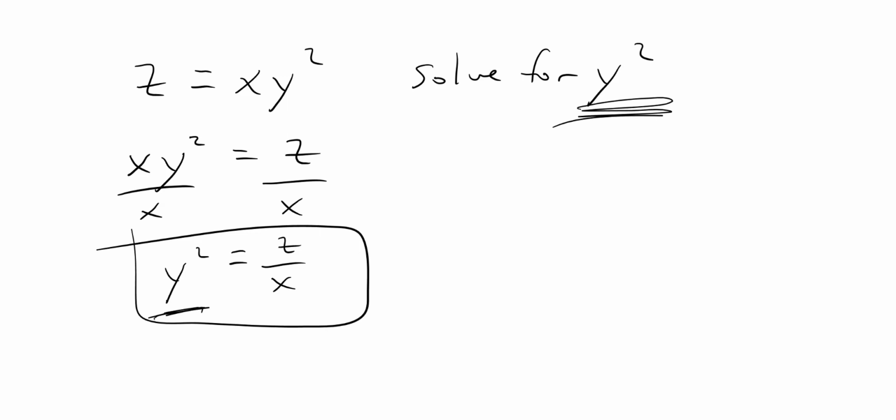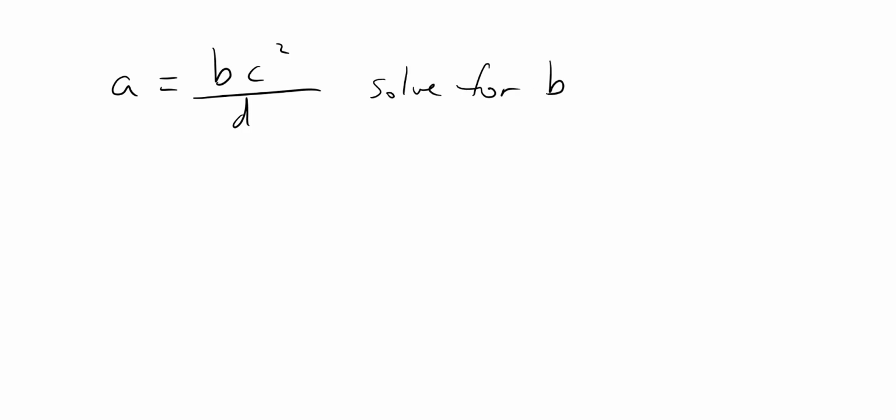Okay, not bad. All right, one last one here. Just a little crazier. If I said a is equal to bc squared over d, and I ask you guys to solve for b. All right, no big deal.